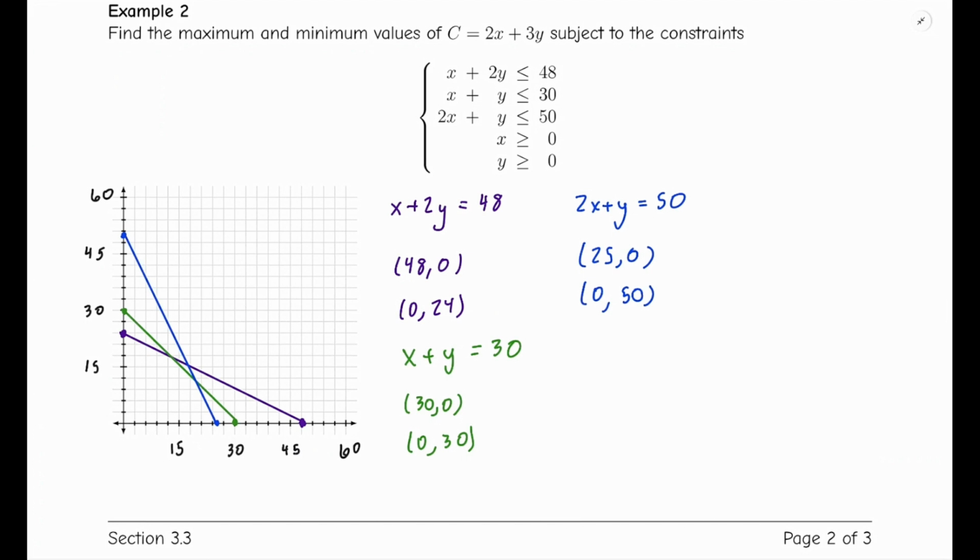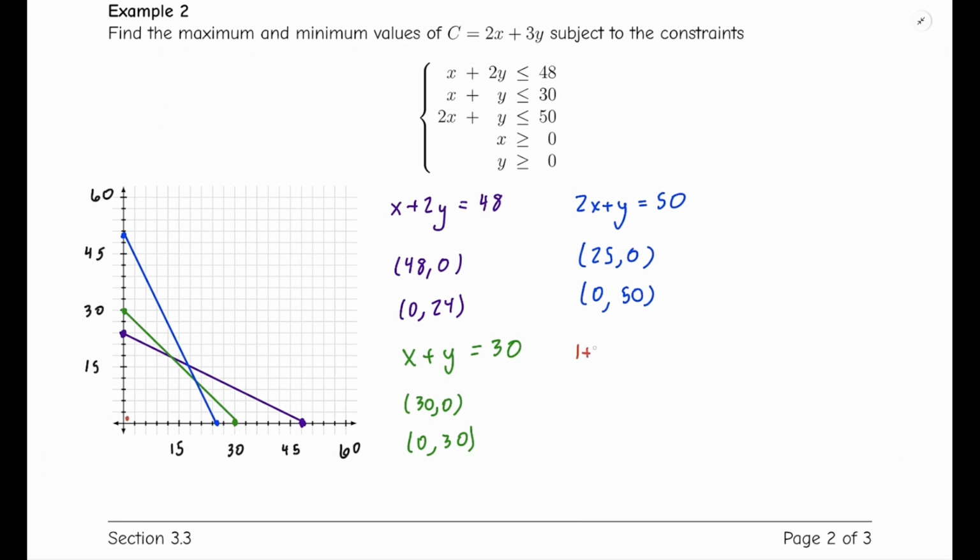And now I need to find the feasible region. Notice there's 1, 2, 3, 4, 5, 6, 7 regions I possibly would have to check. I also want to mention I didn't forget x and y are greater than or equal to 0. That just means we're in the first quadrant. So I'll pick the point 1, 1 first.